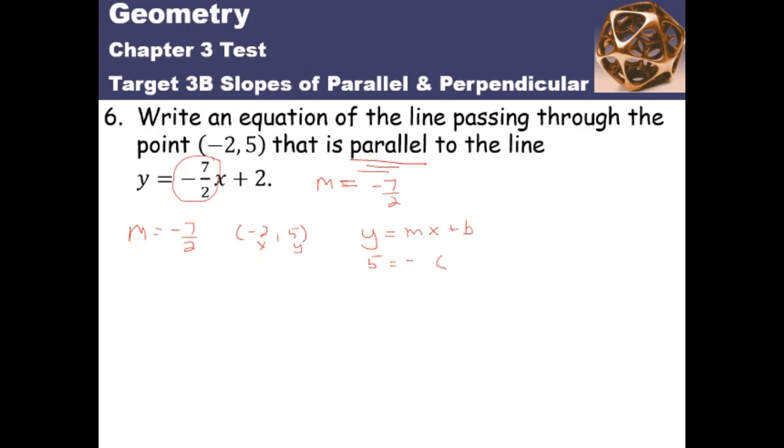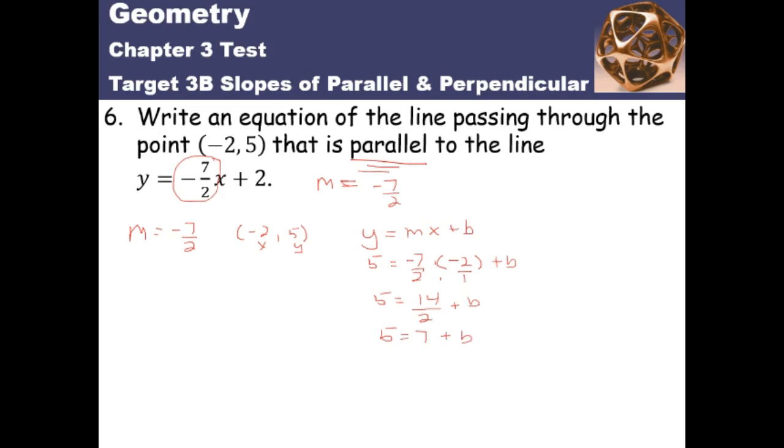So -7/2 times my x, and my x is -2, plus b. I'm going to turn this into a fraction and multiply across. So I have 5 equals 14 over 2 plus b, so 5 equals 7 plus b.